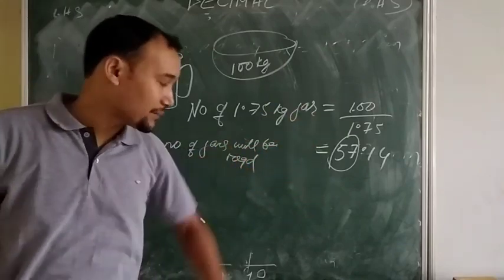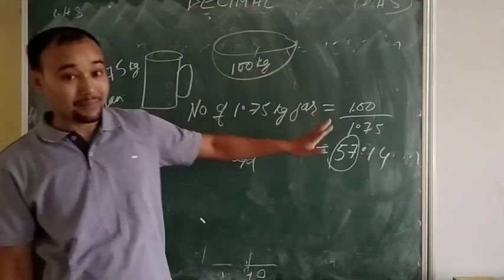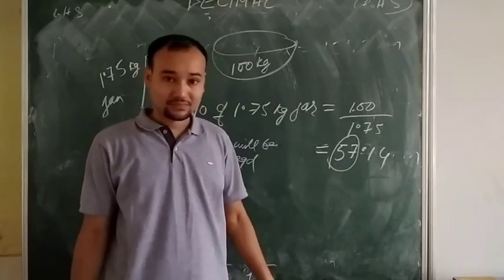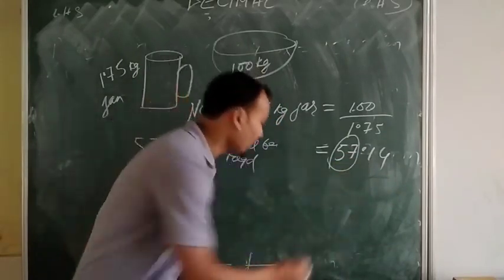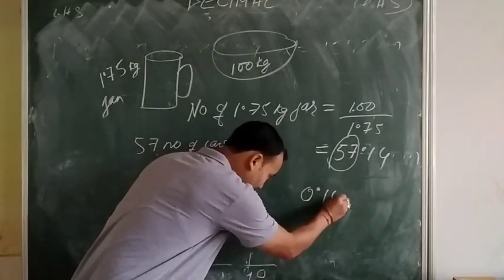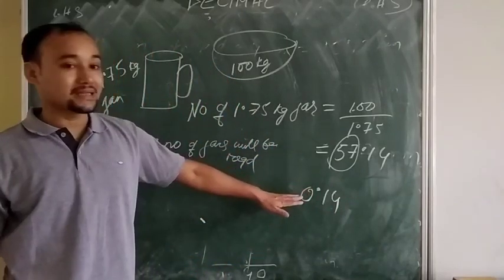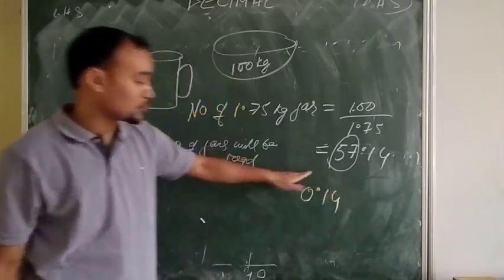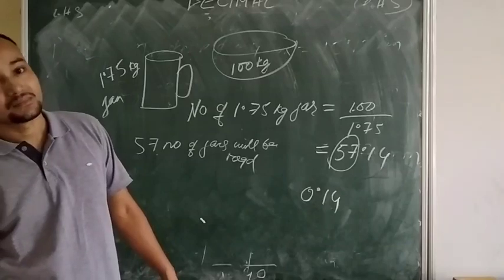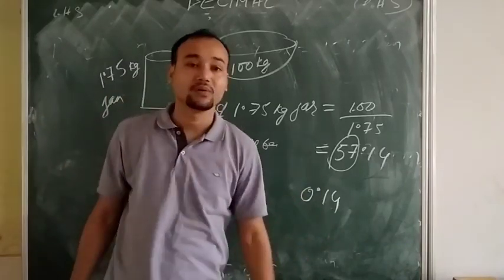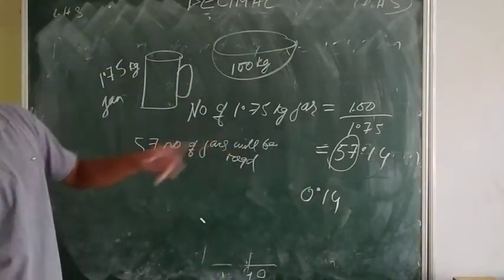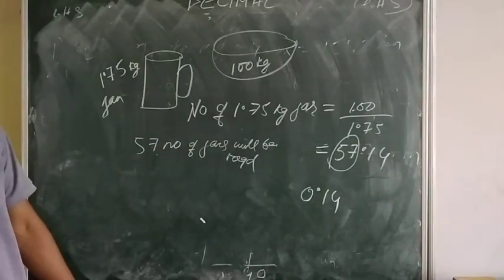The amount of jam left is not given here, only 0.14, a decimal, is left out.